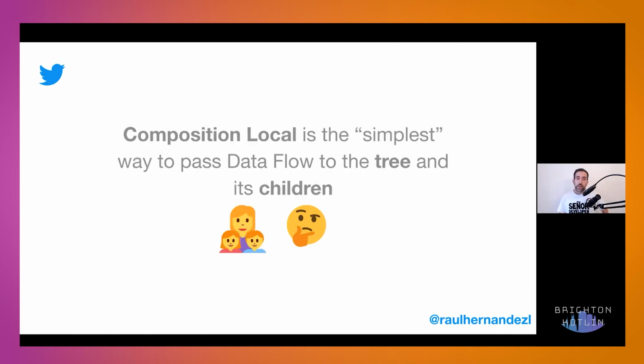Then another very interesting concept is called composition local. That basically is the simplest way to pass data down the tree to its children. So what does this kind of definition really mean? Let's think that, if you remember what this presentation tells you, we are starting a composable from a theme, and then we have a first composable.